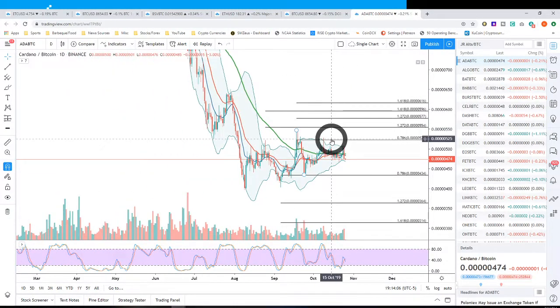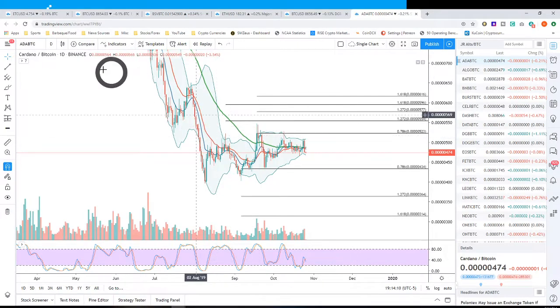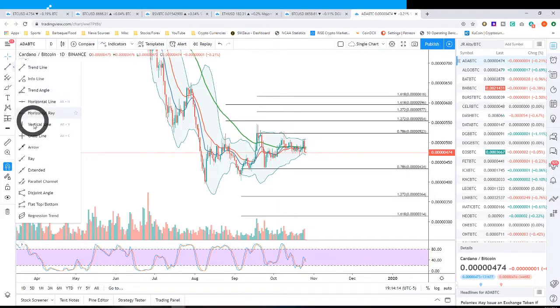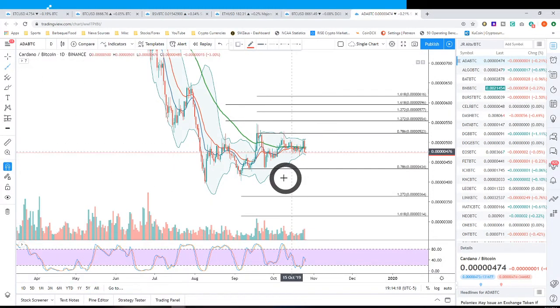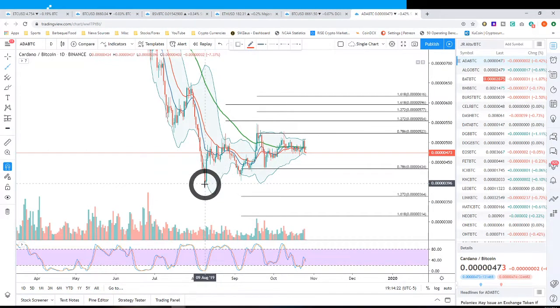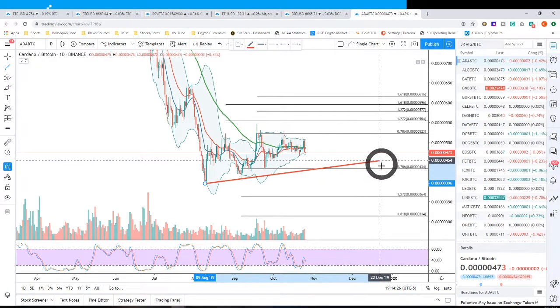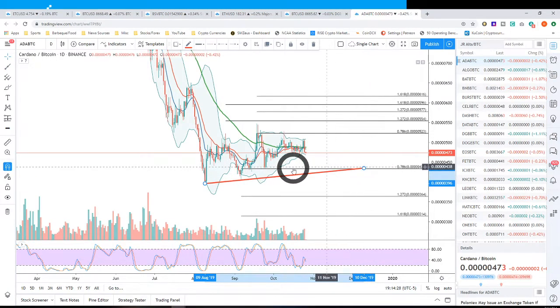All right. Here's what you got, and I'm sorry to say this. Let's go with a ray. Yeah, may not be as bad as what we think. We got a trend line here.